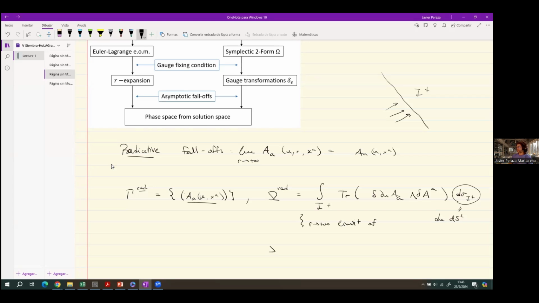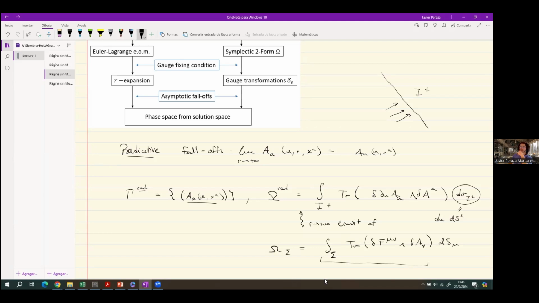It is the usual one, if you have a Cauchy hypersurface. So let me write it better. So this is the limit when R goes to infinity of this quantity.